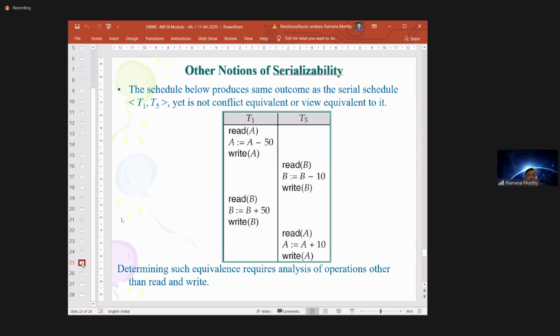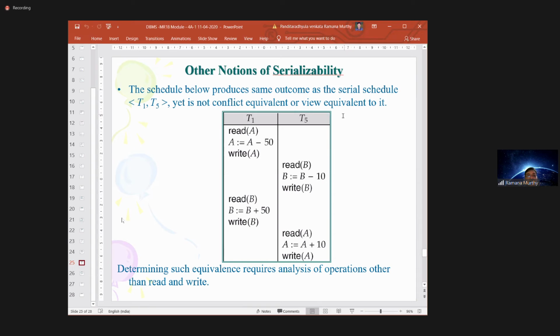Okay, so based on view serializability and conflict serializability, we try to conclude this. The schedules you obtain through the below procedures give some outcomes, such as the schedule between T1 and T5, which is not conflict equivalent or view equivalent.